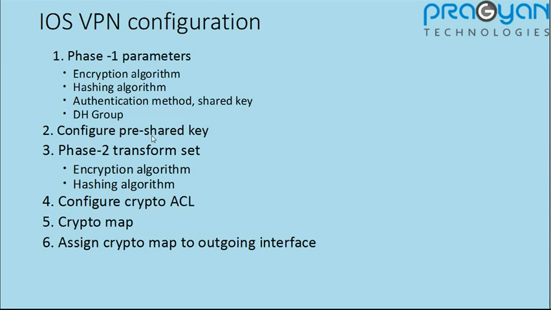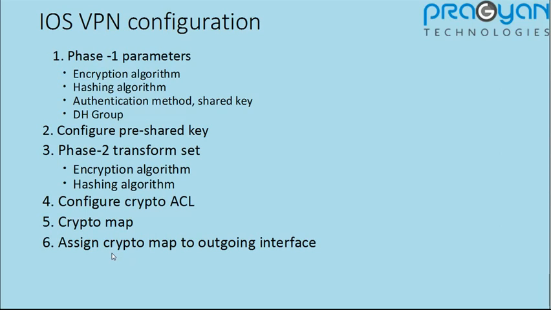For phase 2, you configure the transform set, which will include your encryption and hashing algorithms, and then you configure your crypto ACL, and then the crypto map, where you use your phase 2 transform set and your ACL, and bind it with your peer. Finally, you assign this crypto map on the outgoing interface of the VPN. So that's really how the configuration steps will look.